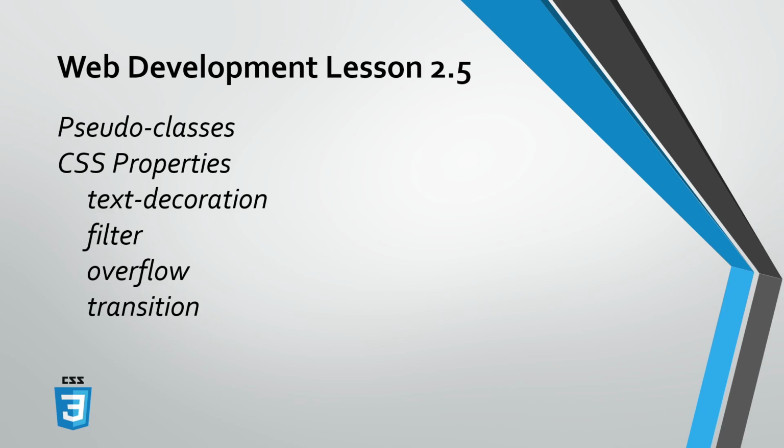We reviewed some CSS properties that allow us to change the way hyperlinks look, the way images look, the way divs look. And lastly, we covered the transition property, which times the CSS effects when they get changed from one to the other, which is excellent when it comes to the hover pseudo-class. So hopefully you're excited about playing around with the hover pseudo-class. It is a lot of fun. Enjoy.